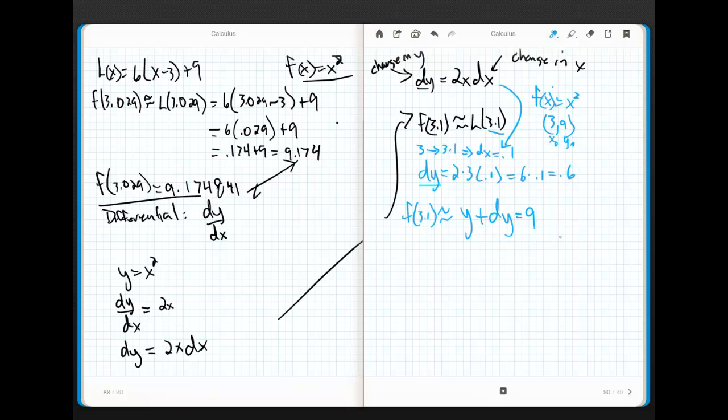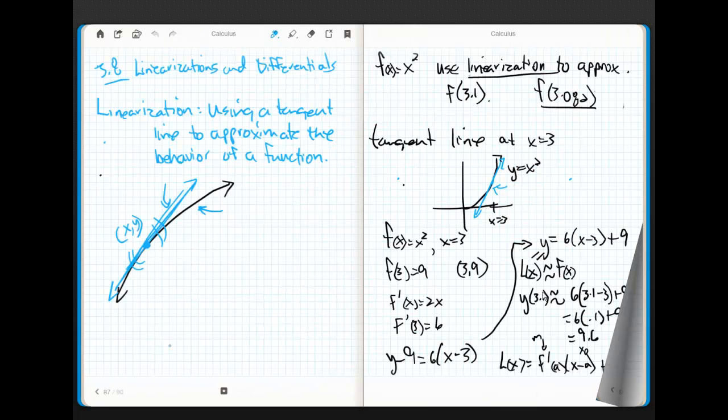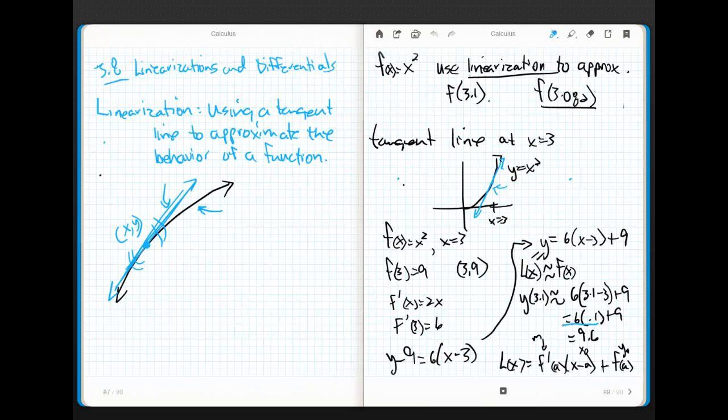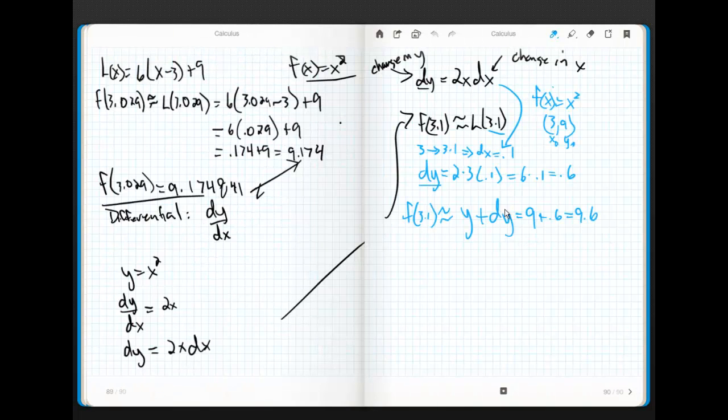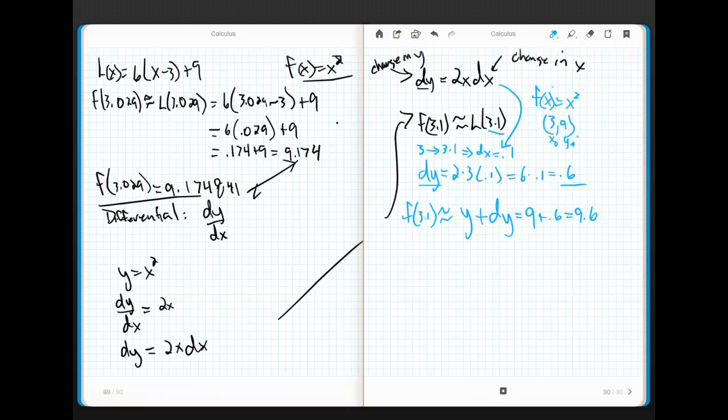Well, my y value is 9. My change in y is 0.6. And I end up with 9.6. Look at that. 9.6. Same value. The thing that I have to remember to do here is to take this dy and add it to my original value of y.